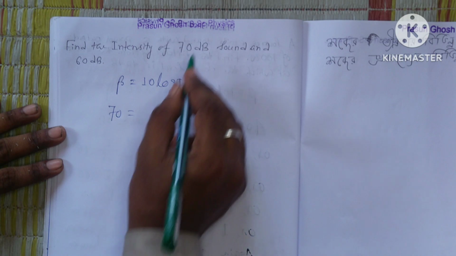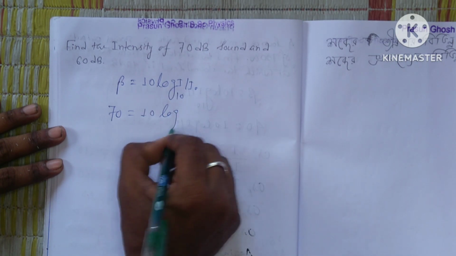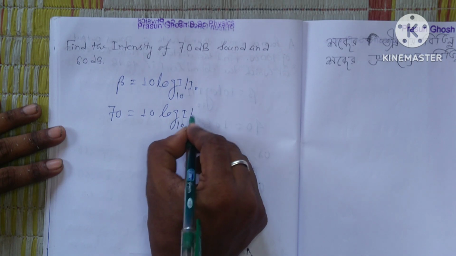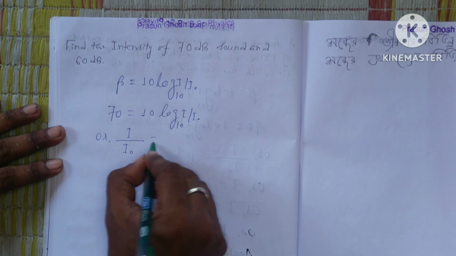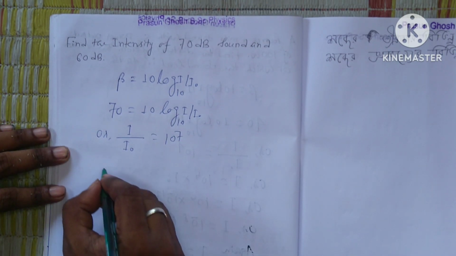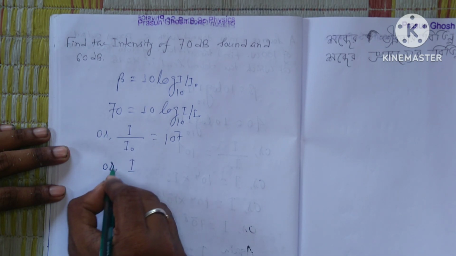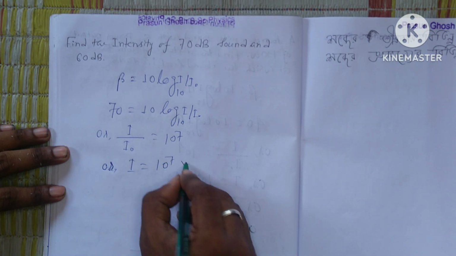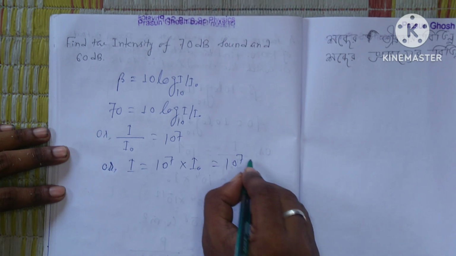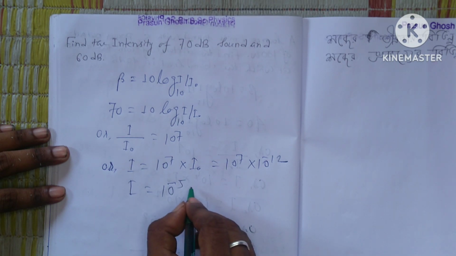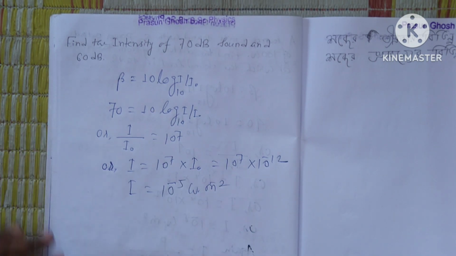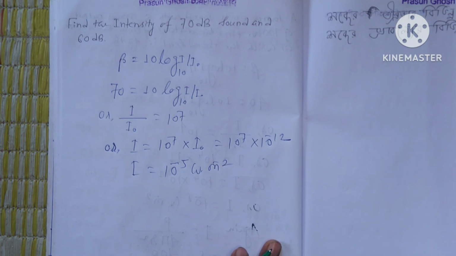This is 70 is given, 10 log 10 base I by I0. Hence I by I0, that is 10 to the power 7, that is I equal to 10 to the power 7 into I0, that is 10 to the power 7 into 10 to the power minus 12. So I equal to 10 to the power minus 5 watt meter to the power minus 2. This is the value of I.